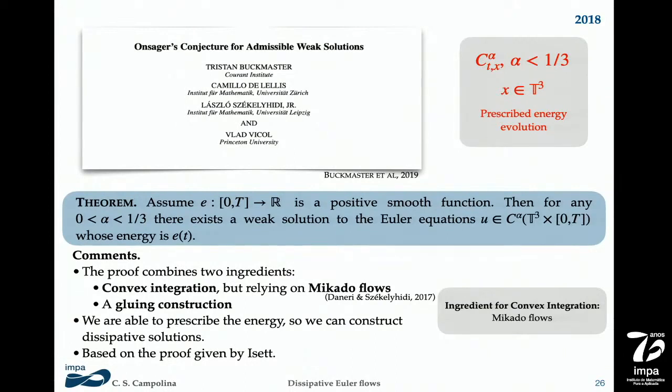So assume we have an energy profile, a positive smooth function, then for any exponent less than 1/3, there exists a weak solution to the Euler equations in this class whose energy is E of t. And so we can obtain solutions which are indeed dissipative, right? And apparently this finishes the whole problem, right?